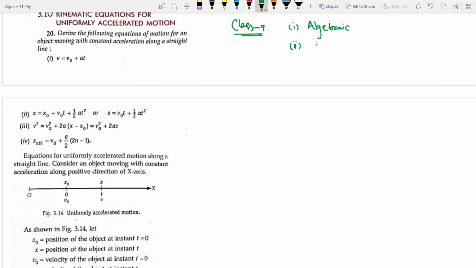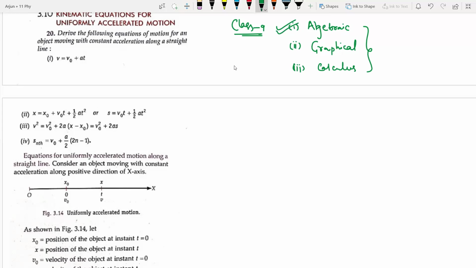Second one, graphical method. Third one, calculus. So these are the three different ways to derive equations of motion. In this video, we are going to see deriving equations of motion using the algebraic method. And in the next lecture, lecture 4, we will see graphical as well as calculus.